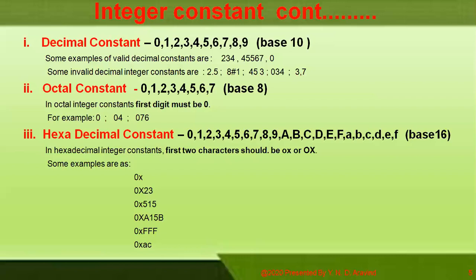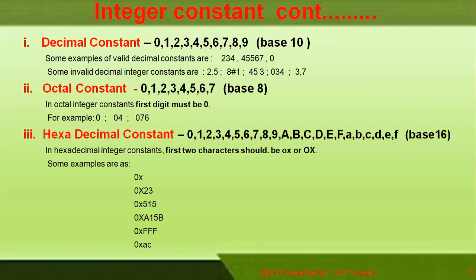Coming to hexadecimal constants, these values are prefixed with 0x and they are base 16, and the valid characters in these hexadecimal constants are 0 to 9 and A, B, C, D, E, F, both capital and small letters. So in hexadecimal integer constants, the first two characters should be either small 0x or capital 0X.